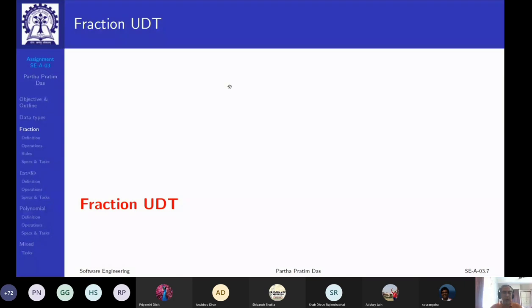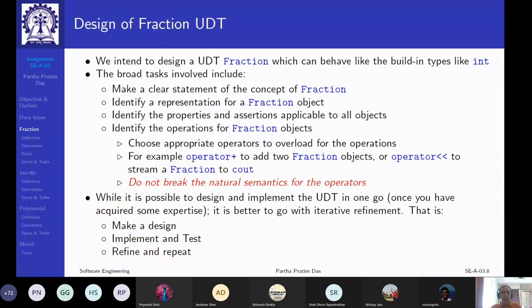Now, in this context, let us take the problem that we want to do. We want to define a fraction data type as a user-defined data type. Right? So we intend to design a fraction which will behave like a built-in type, say like int.